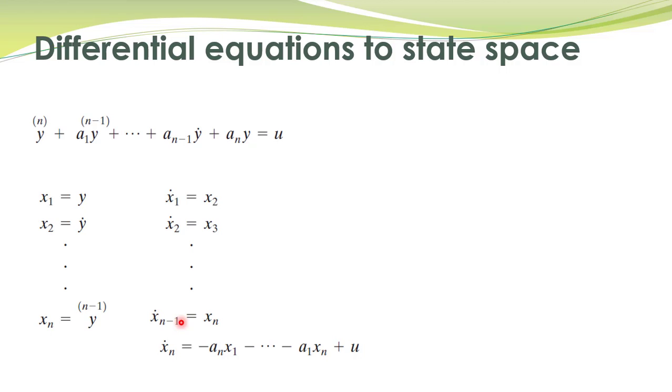So what we have done is that this was an nth order differential equation which described the mathematical model of some physical process. We have converted it into n first order differential equations, and we know that these are called state equations, and these variables x1 up to xn are called state variables.